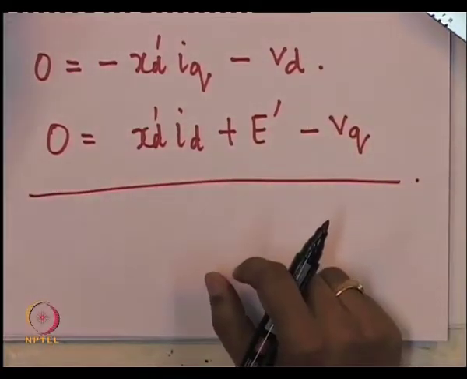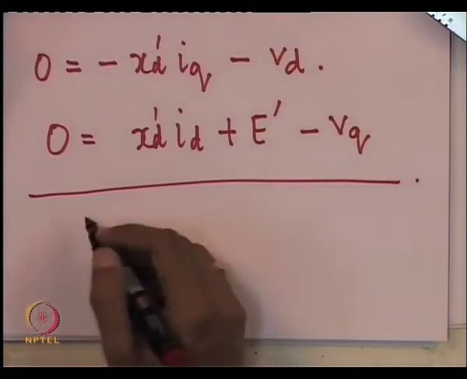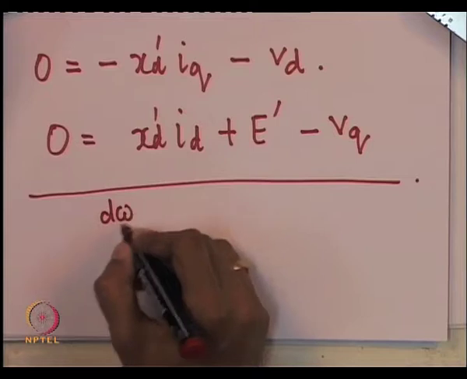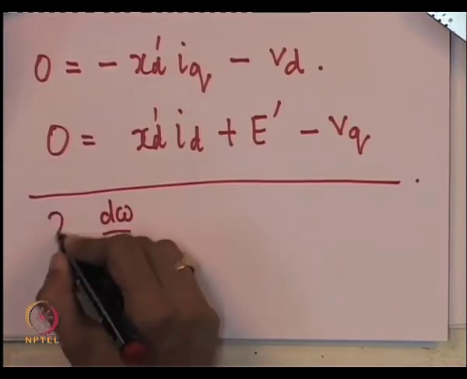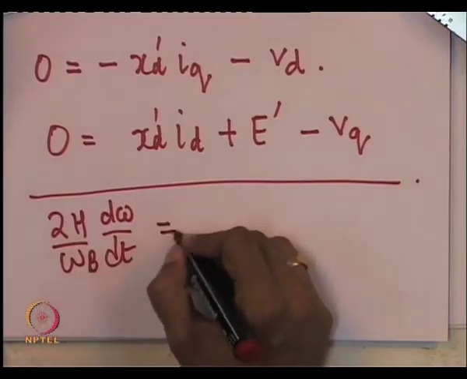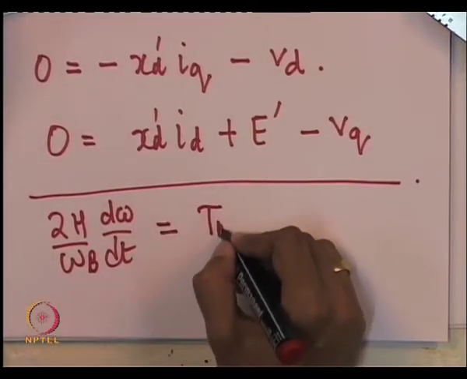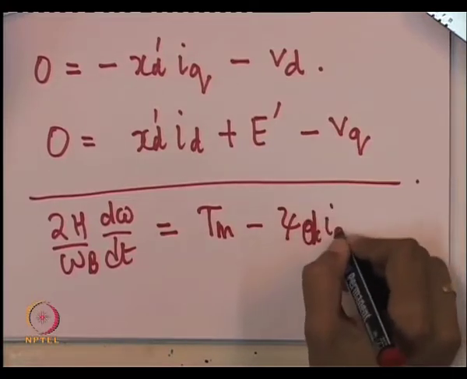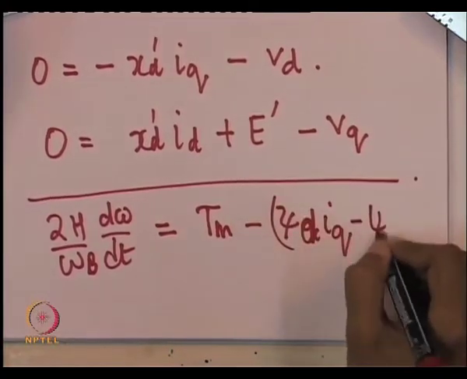Now, we also have the swing equation: 2H by omega b into d omega by dt is equal to T m minus psi d I q minus psi q I d.